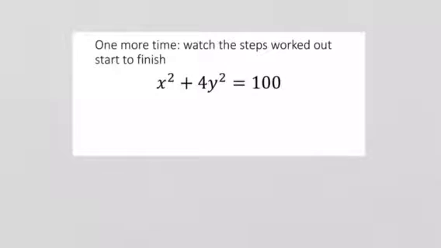I'm going to do those steps one more time, step by step here. So we're going to take d dx of x squared plus 4y squared equals 100. d dx of x squared is 2x times dx dx, which just cancels to 1.